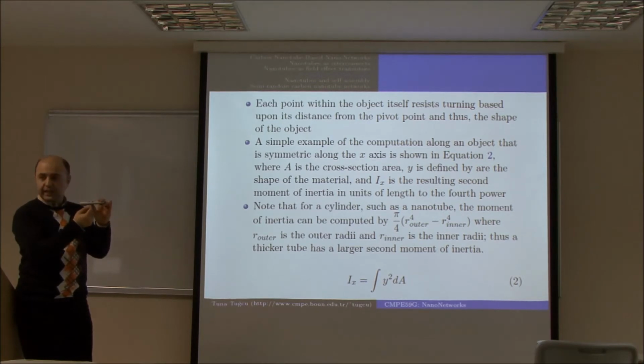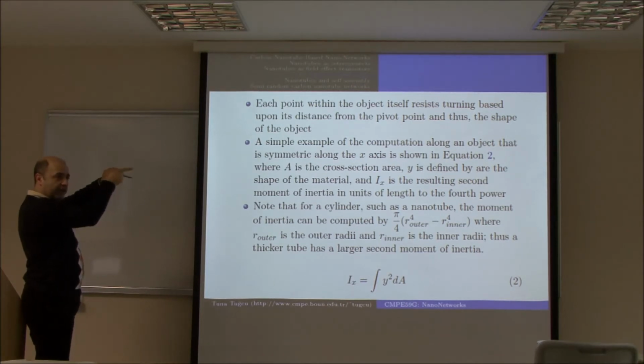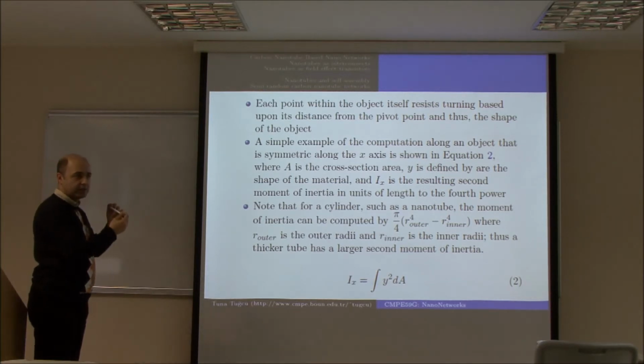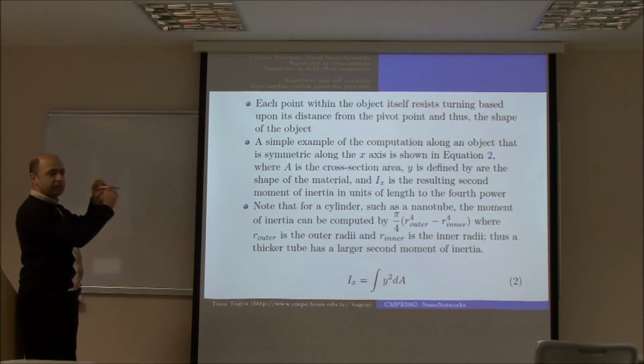Whereas on this side, the points here are being compressed. Okay? If you're forcing it this way, these points will try to go away from each other, whereas these need to be compressed, especially if you consider a metal bar. Okay? And those in the middle will actually experience nothing. Okay?